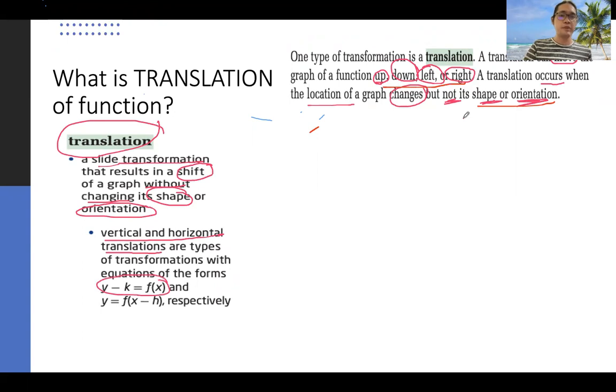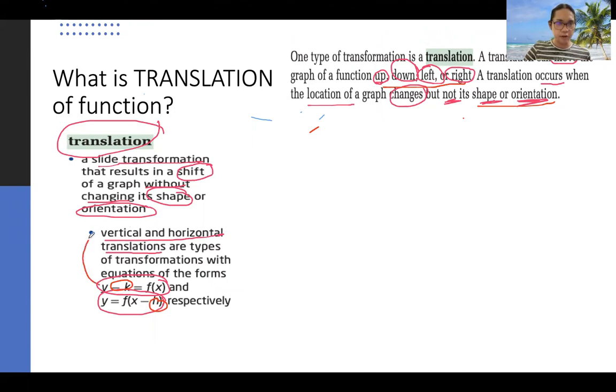Translations are types of transformation with equations of the form y - k = f(x) and y = f(x - h). This one is for vertical and this is for horizontal translation. So I want you to remember these two forms of a function for both vertical and horizontal.